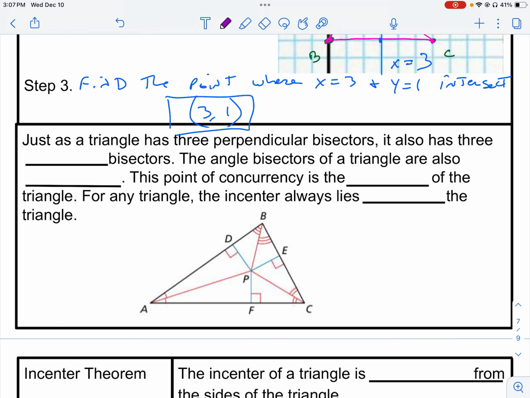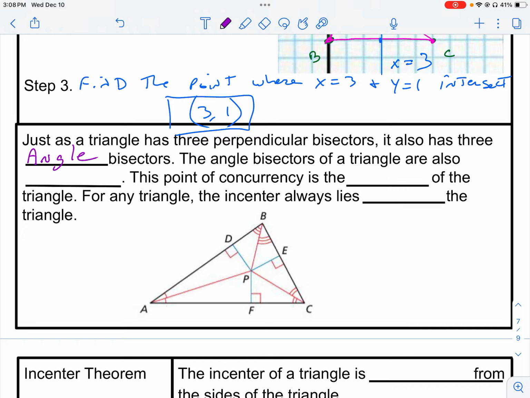So we can move on from circumcenters and talk about the incenter. So the circumcenter is named the circumcenter because we're going to circumscribe a circle about the triangle. The incenter is called the incenter because it's pretty much in the center of the triangle. Because just like a triangle has 3 perpendicular bisectors, it also has 3 angle bisectors, probably because it has 3 angles.